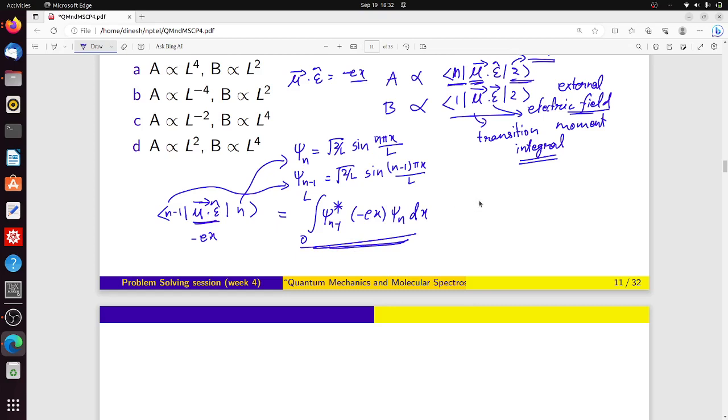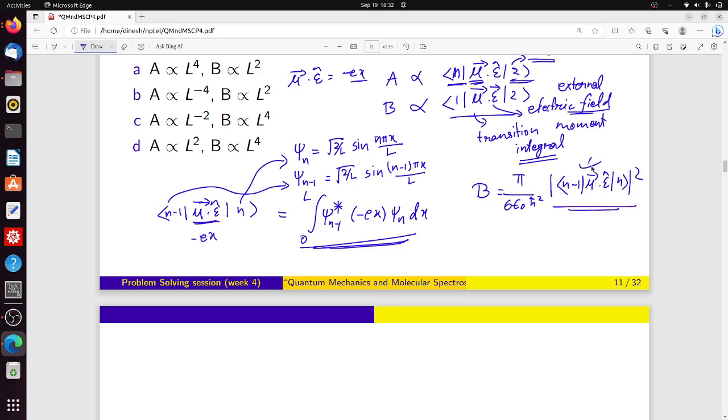Then from class you must know the B coefficient. It will be equal to pi over 6 epsilon naught h cross square, mod of this integral, n minus 1 mu dot epsilon n, square.